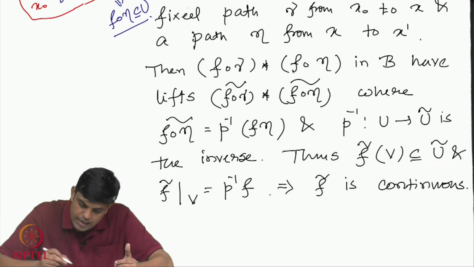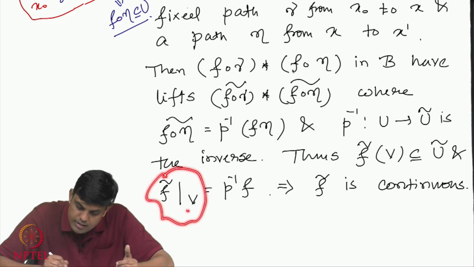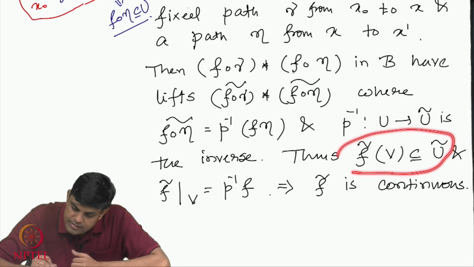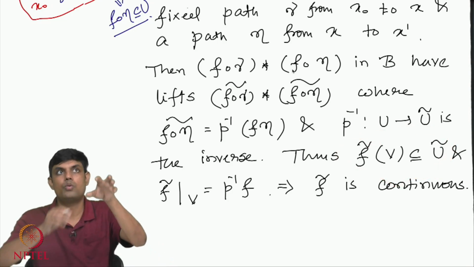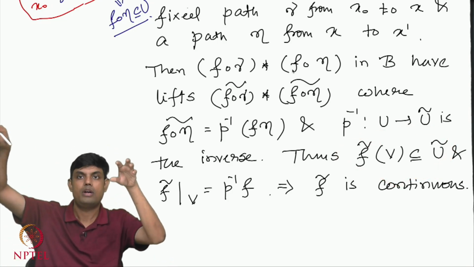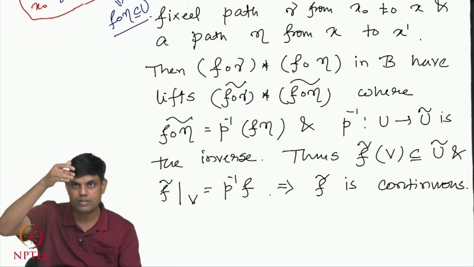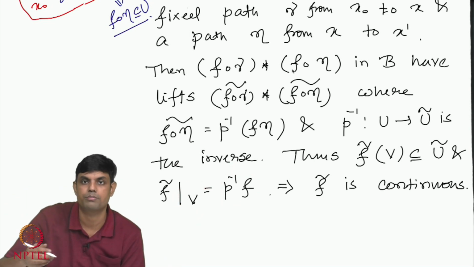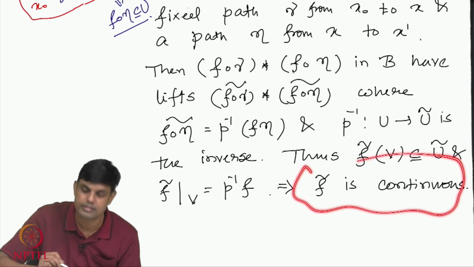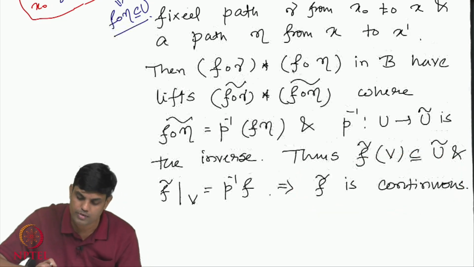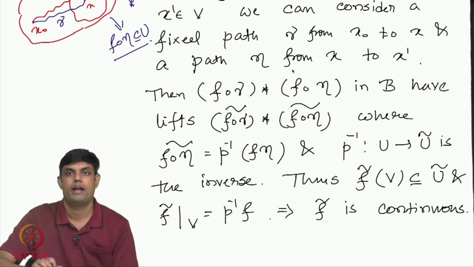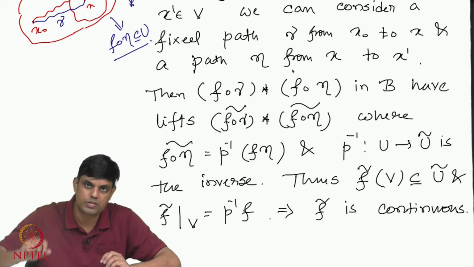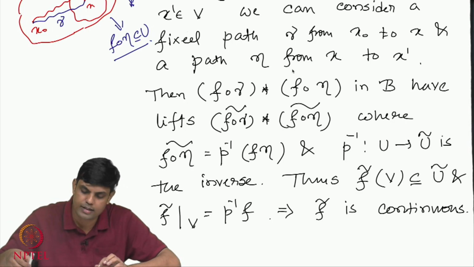And because F tilde restricted to V is P inverse of F, this map F tilde goes from V inside U, and on the restriction to an open set it is basically a continuous function. It is a composition of P inverse with F, therefore F tilde itself is continuous. So we have constructed a continuous lift, and we have seen that this lift exists whenever the image goes inside a simply connected space.